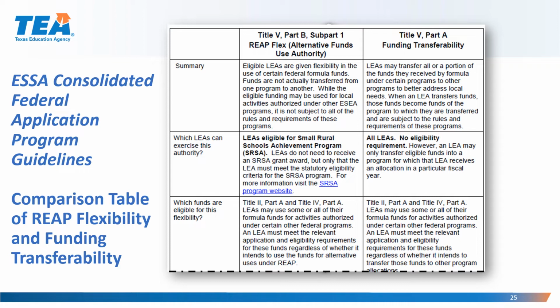This table additionally tells you which funds are eligible for this flexibility. For Title V Part B Subpart 1 Reflex, only Title II Part A and Title IV Part A funds are available for this flexibility. For Title V Part A funding transferability, it is Title II Part A and Title IV Part A.